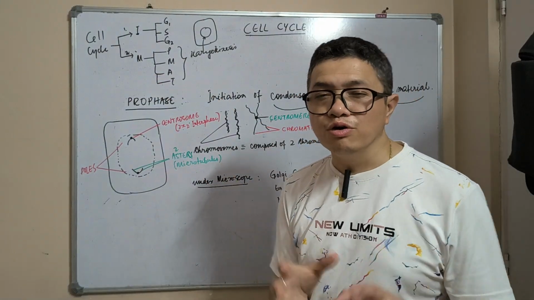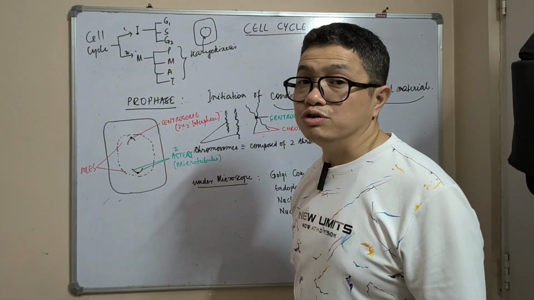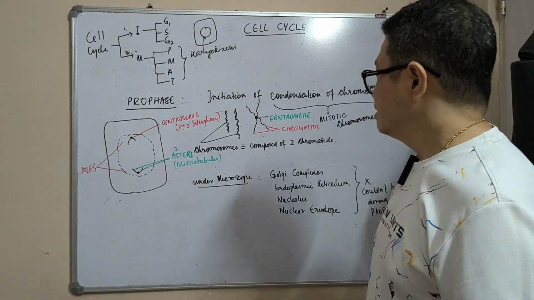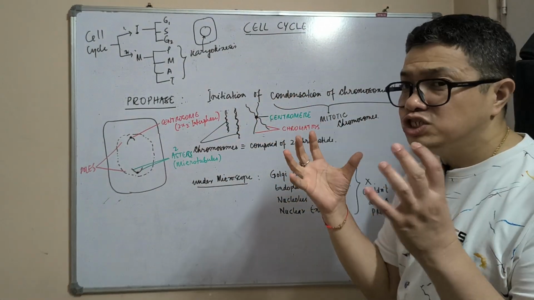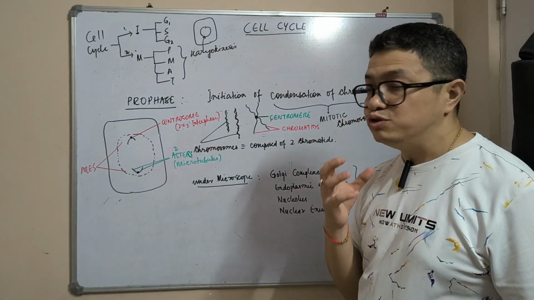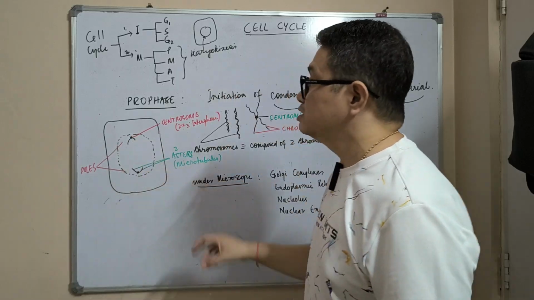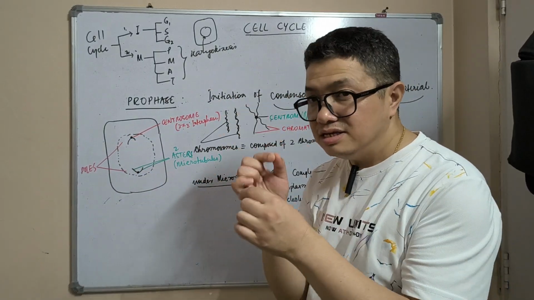So what we are going to learn today is the first phase of mitosis, the equational division: prophase. Prophase is marked by the initiation of condensation of the chromosomal material. Inside the nucleus, chromosomes are there, which contain our genetic material, the DNA.